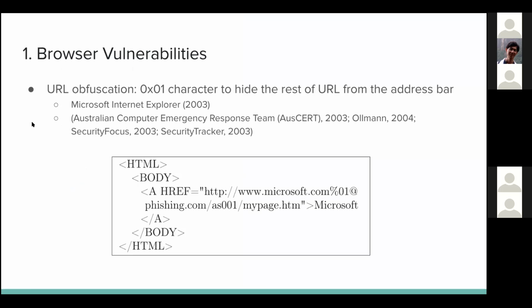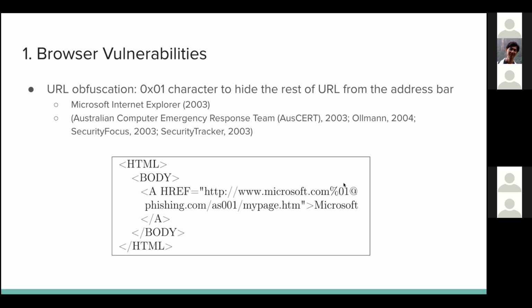One example of a browser vulnerability is URL obfuscation. This vulnerability happened in Microsoft Internet Explorer in 2003. What happened is that an attacker can input a hex 1 character into the URL, as can be seen over here.